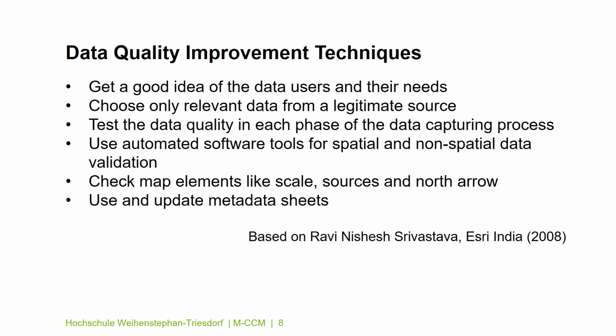So how do we improve our data quality? Here is some advice from Ravi of Esri India, which I changed a little bit, adapted to this lecture. First of all, get a good idea of what your end users need. Maybe make a use case. Then choose only relevant data from legitimate sources.